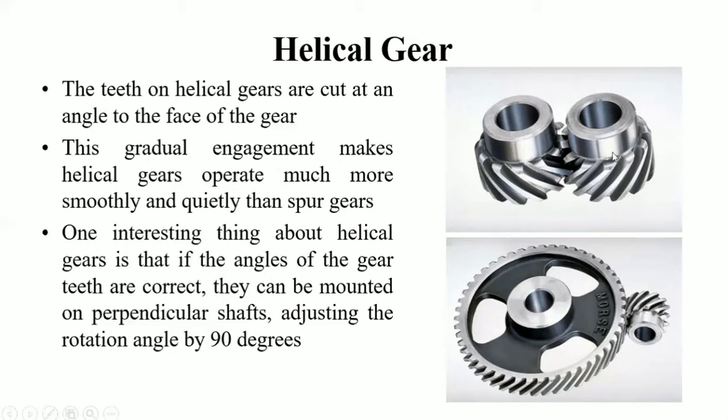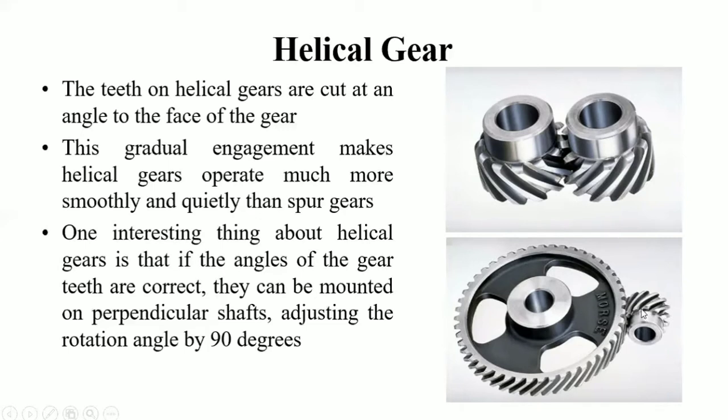Here you can see two parallel-axis gears, and the helices are opposite. One gear has a left-handed helix, and the other gear has a right-handed helix. Now here you can see the axes of the two gears are perpendicular to each other, having helical teeth.